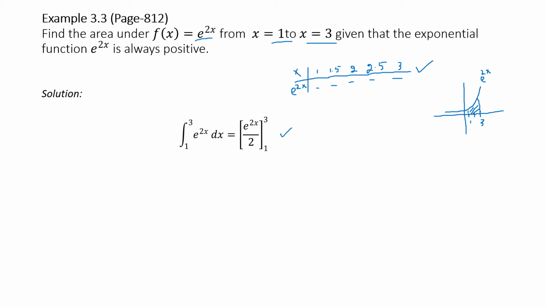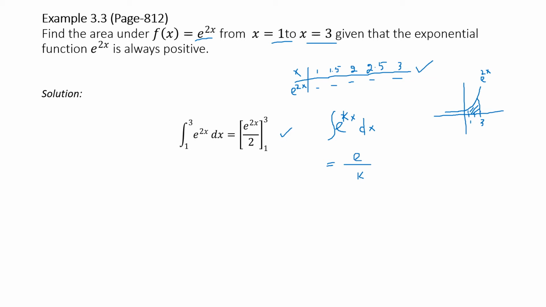Well, here this is a table of integration, and if you remember, there it was the integral of e^(kx) dx, and it was e^(kx) divided by k.